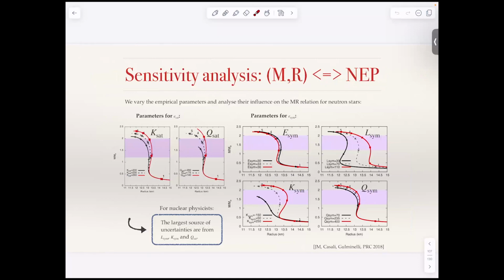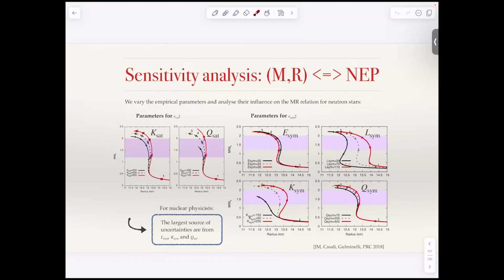For instance, you can explore some uncertainties that you have on the way you parameterize a meta model, and look at what impact it has on mass and radii of neutron stars.